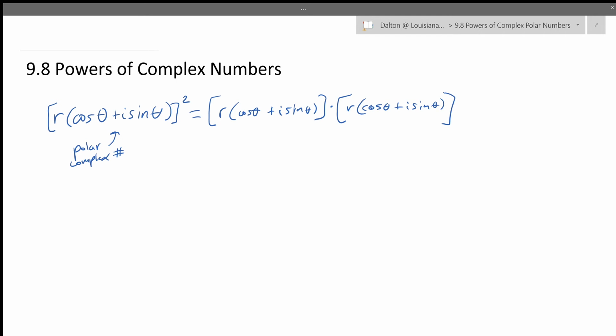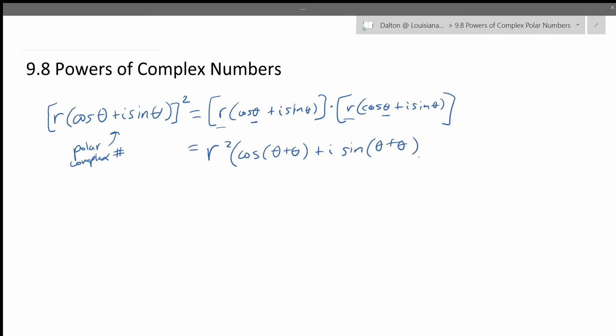Using our rule for multiplying polar complex numbers, we take our numbers out in front, r times r, which will be r squared. And then the rule was that you add together your angles. My angles are the same, they're both theta. So we do cosine of theta plus theta, plus i times sine of theta plus theta.